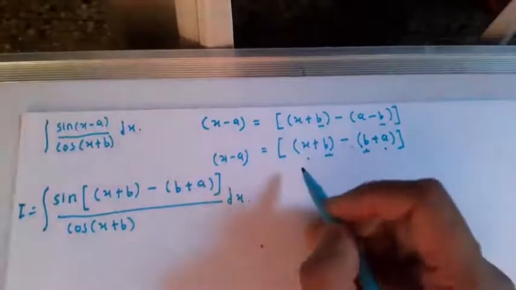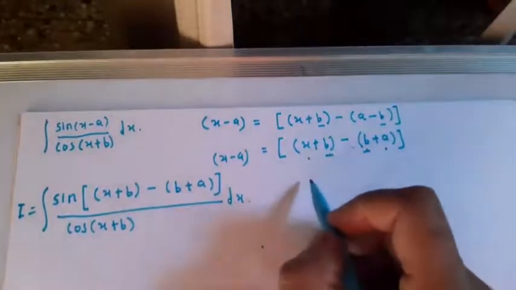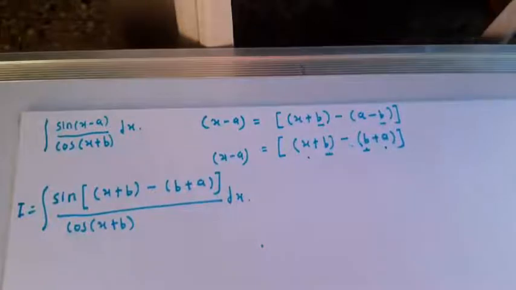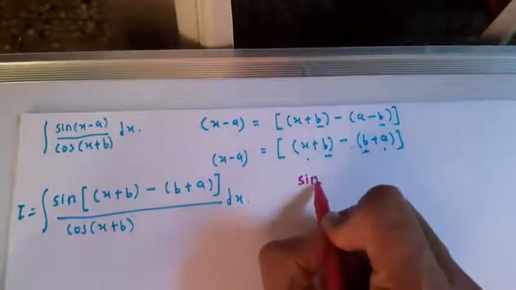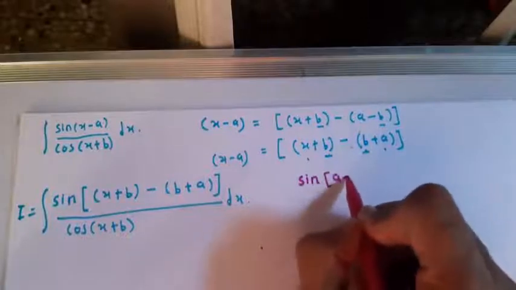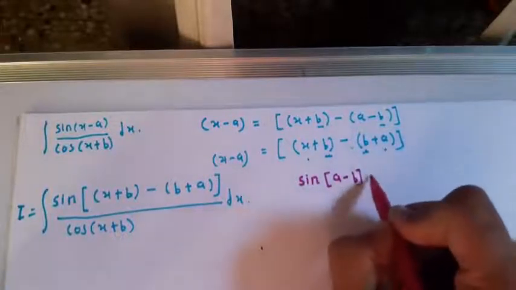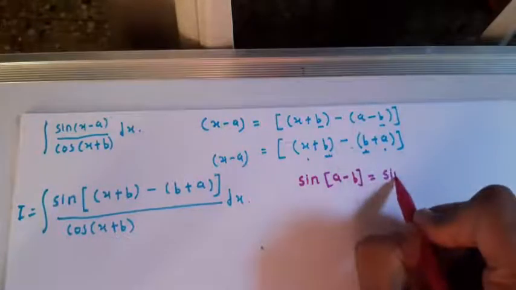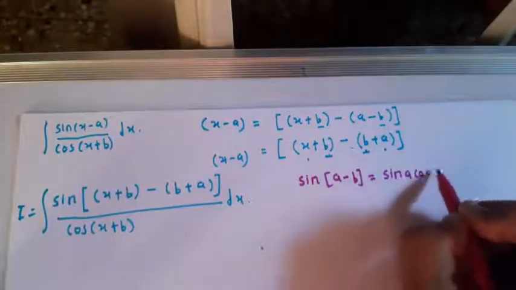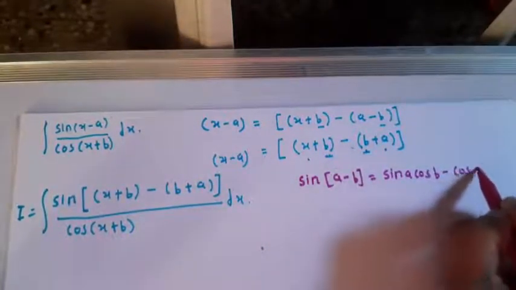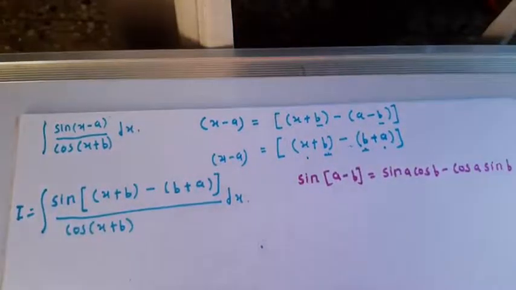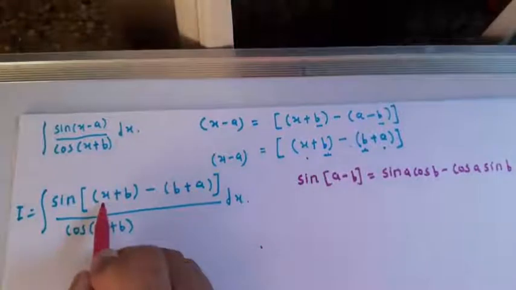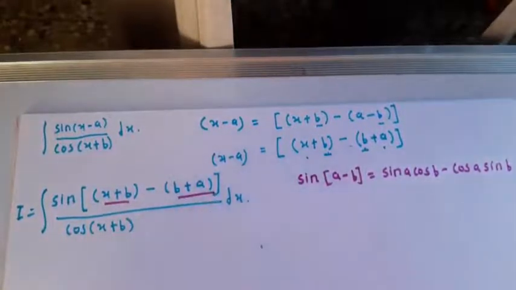So students, which formula do we have to use at the numerator? The formula is sin(A − B), which is sin A cos B minus cos A sin B. Okay students, so here A is x + b and B is b + a.